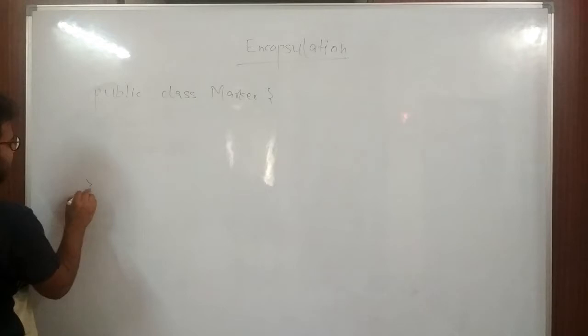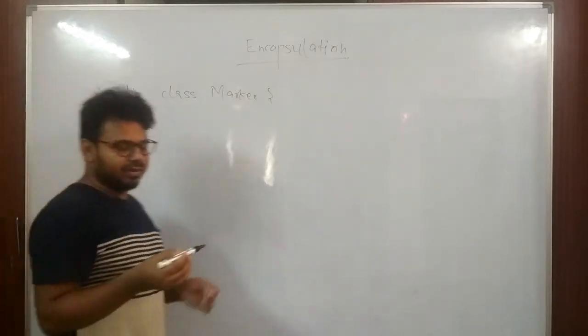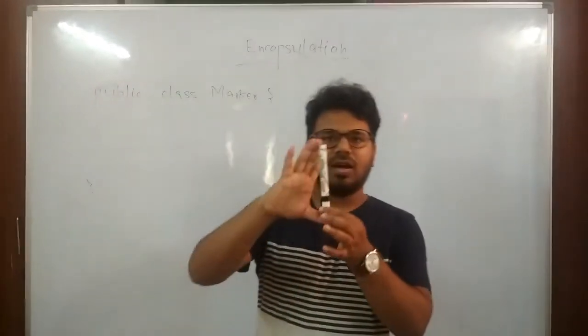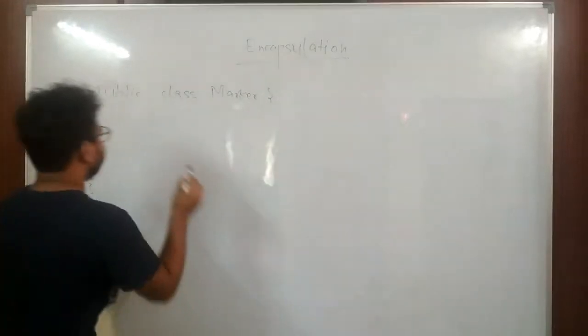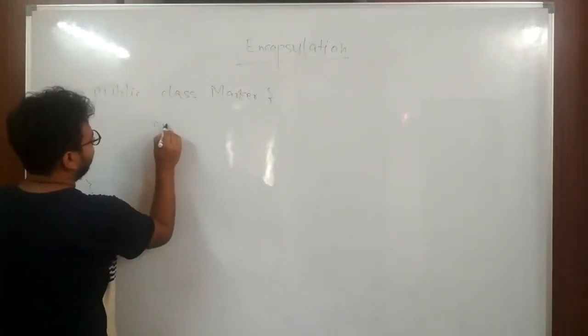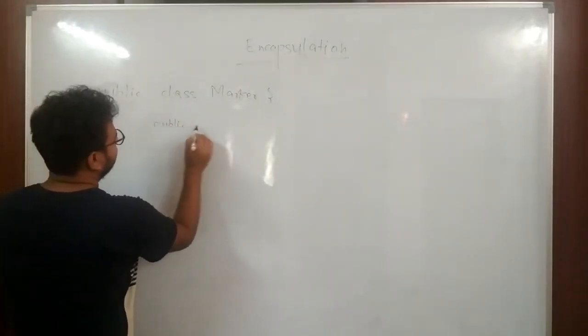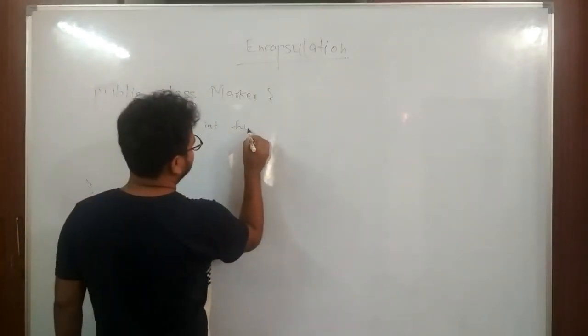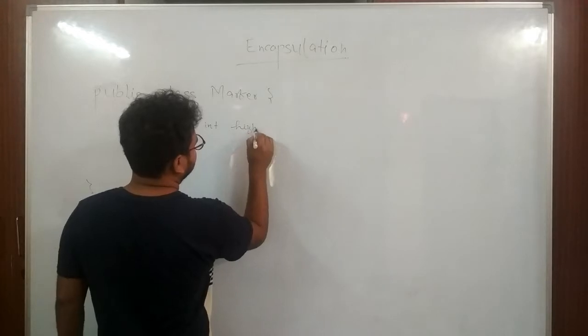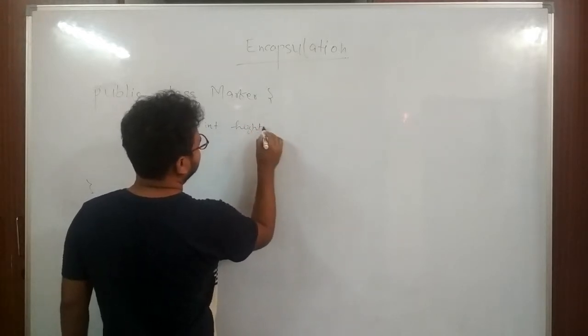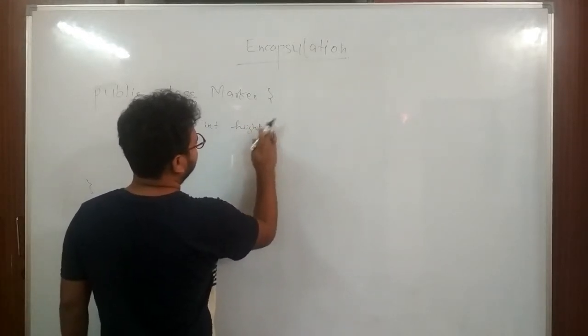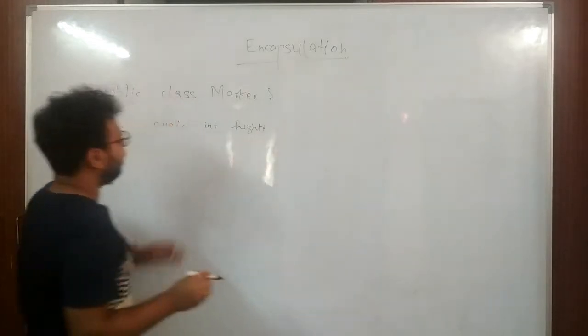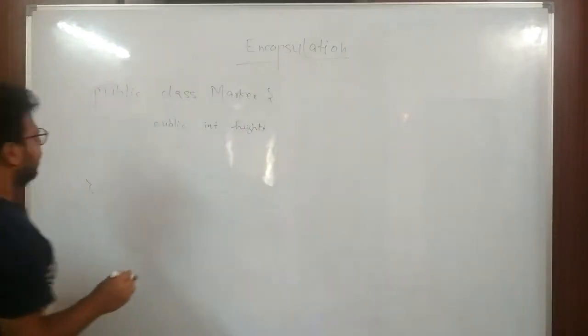In this class I have one instance variable, that is the height of this marker. I am making it public here: public int height. I am marking it as height.